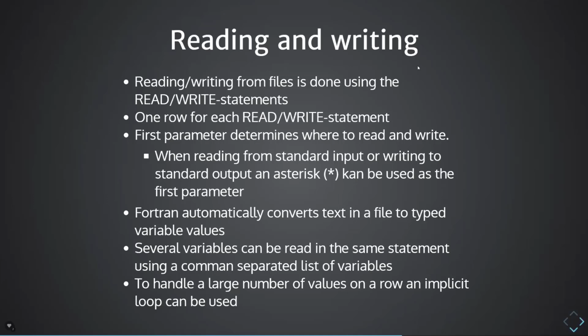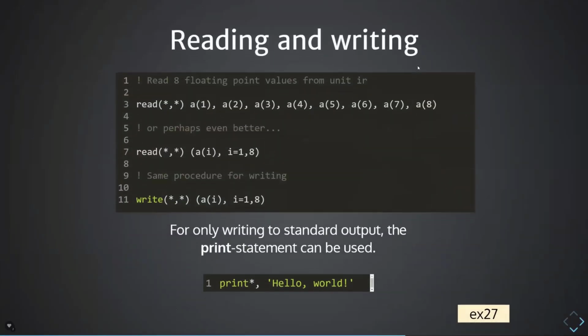You can also read in several variables at the same time using a comma-separated list of variables. If you have very many items on a single line, you can use something called an implicit loop to read multiple values without specifying a long comma-separated list of variables. So here are some examples.